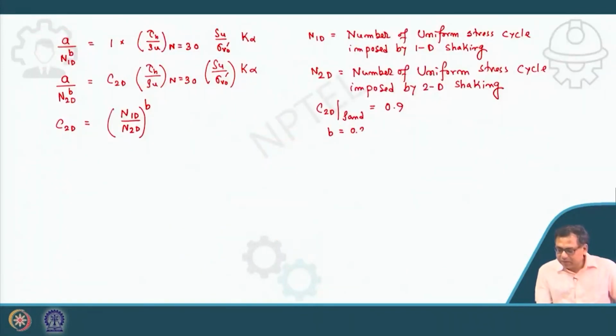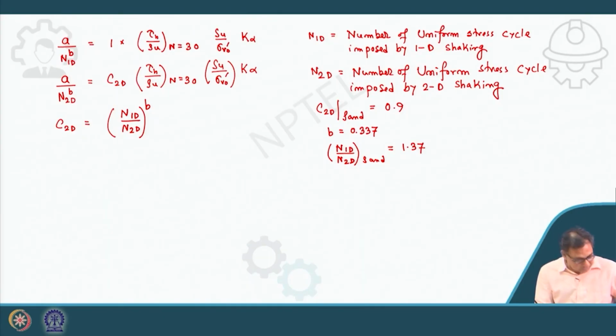So if I put B equal to 0.337 and C2D equal to 0.9 for sand, I can write that N1D divided by N2D for sand is equal to 1.37.